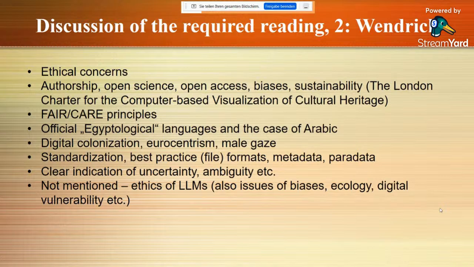I would like to mention briefly the FAIR principles, findable, accessible, interoperable, and reusable, and also CARE. The CARE principles are sometimes much more complicated to apply to research data sets, because they involve also being ethically concerned and aware when dealing with indigenous sources and so on.